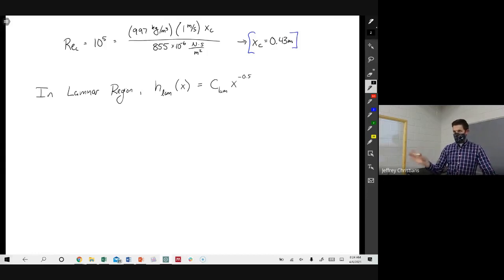This was just a model that I made up out of thin air. I'm not saying it's correct, but we'll find ways to actually figure out what this would be. This is going to model the laminar region.